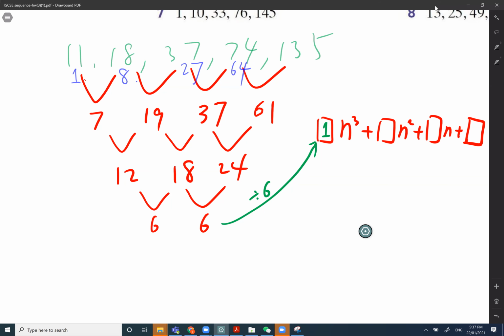They are all 10, which means n cubed plus 10. After you get the information about n cubed, we minus the cube numbers from the sequence. The remaining part is 10.